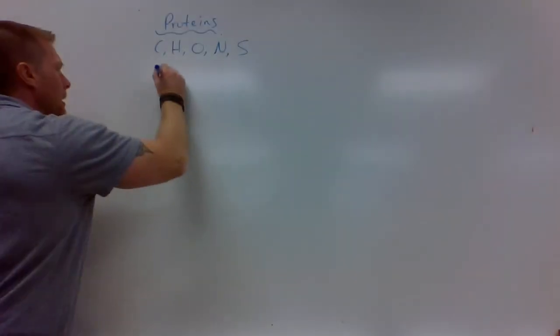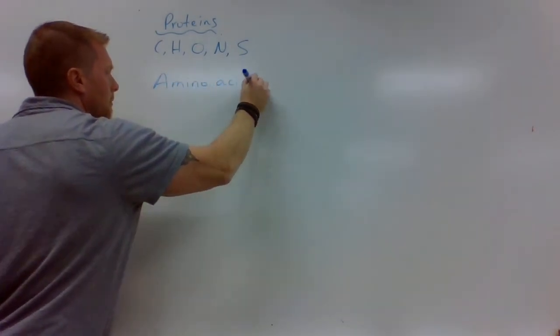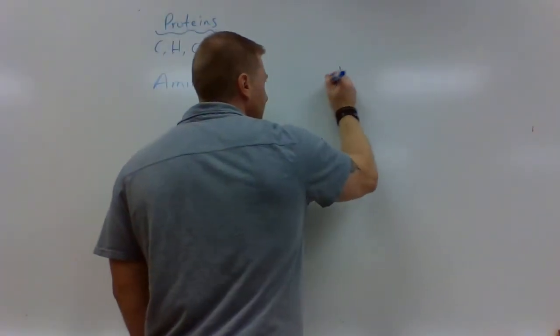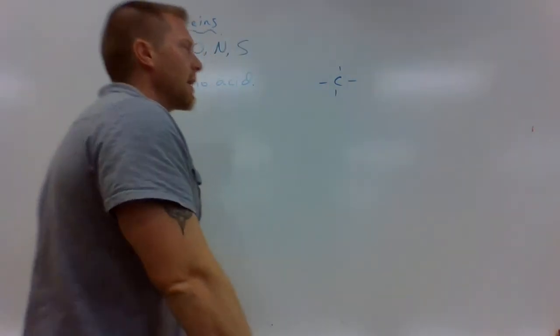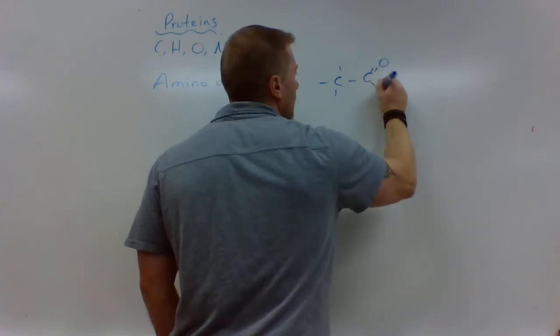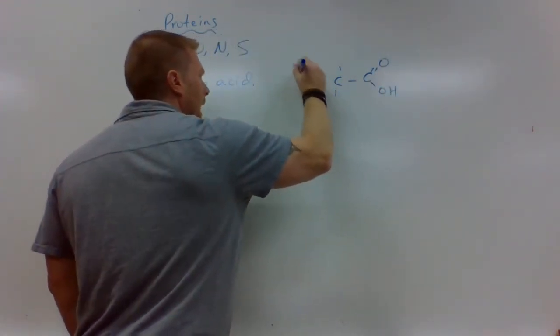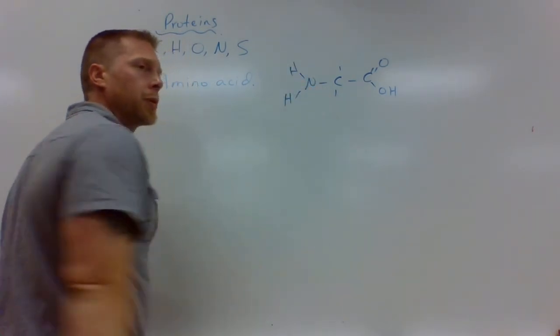The monomer of a protein is called an amino acid. Most amino acids are all the same. They all have a central carbon. They have a carboxyl group. They have an amino group.